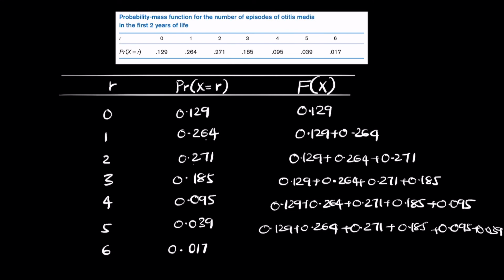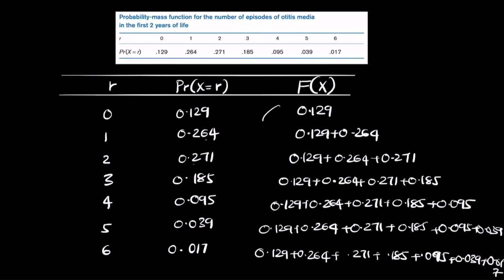Next, the last one, write the sum of everything: 0.129 plus 0.264 plus 0.271 plus 0.185 plus 0.095 plus 0.039 plus 0.017.